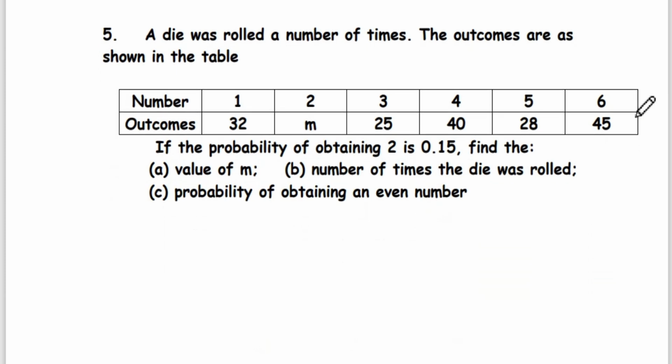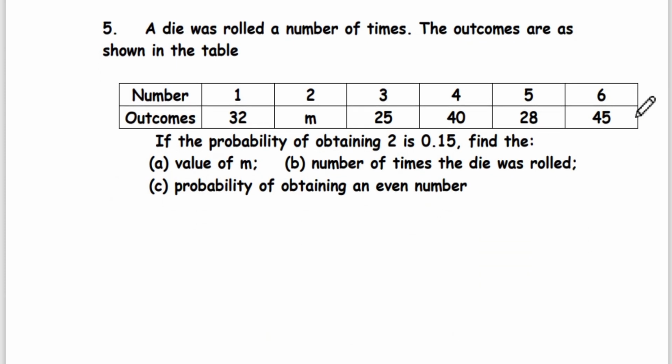And this says a die was rolled a number of times. The outcomes are shown in the table. If the probability of obtaining 2 is 0.15, find the value of m. So the probability is the expected outcome over the total number of outcomes. The probability of getting 2: the number on 2 is m.